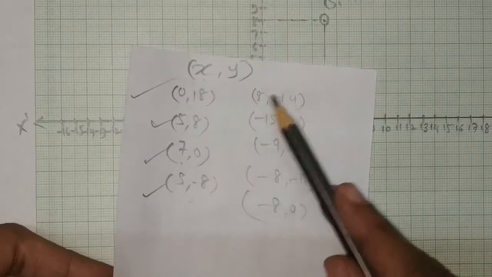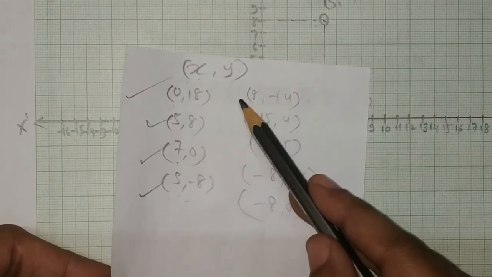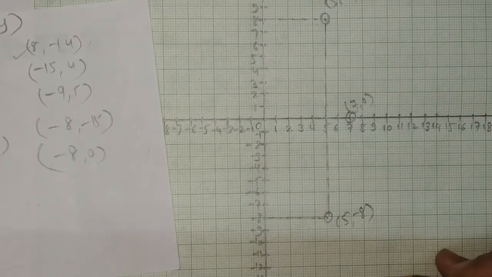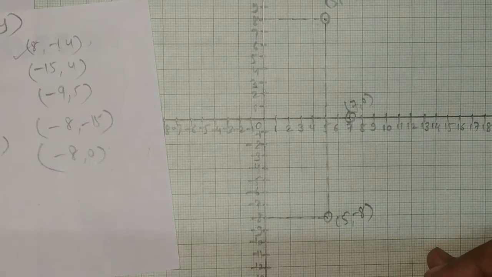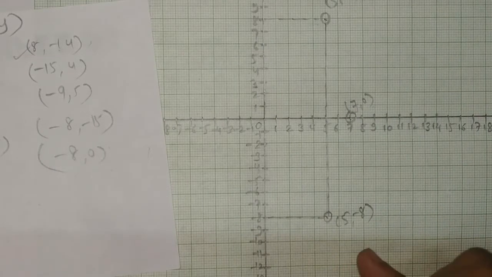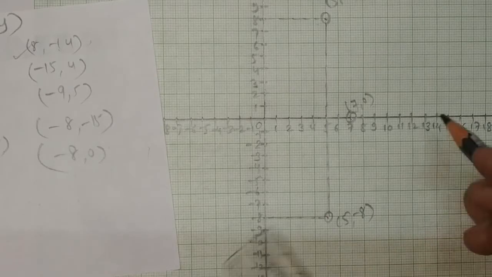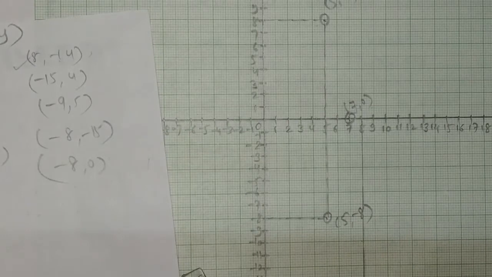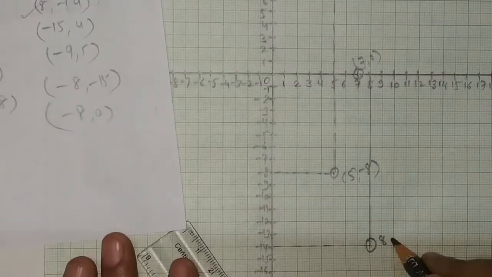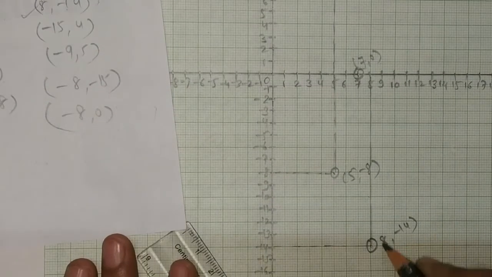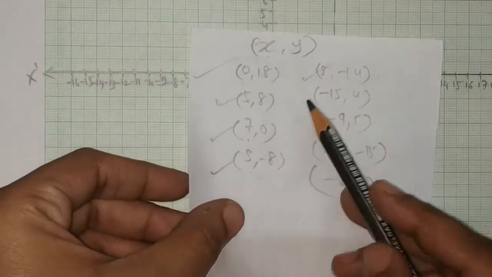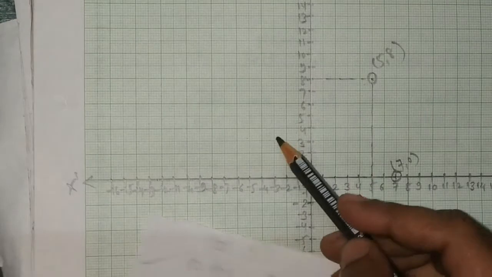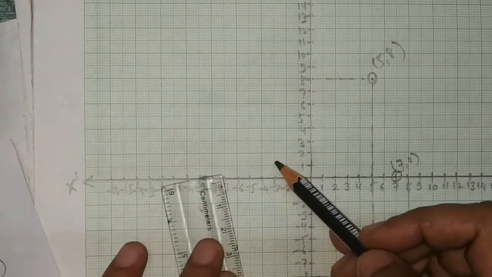Then next we have 8, -14. It will again lie here only. This is -14, and we have here 8. So this is the point 8, -14. Next we have -15, 4. So -15, 4 will lie here.